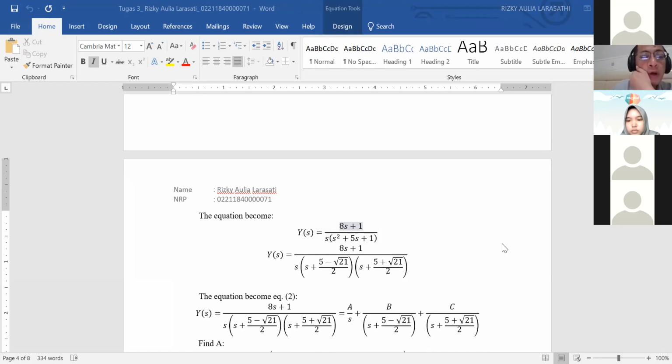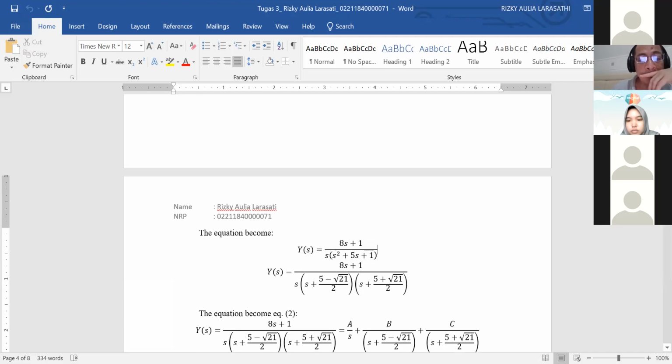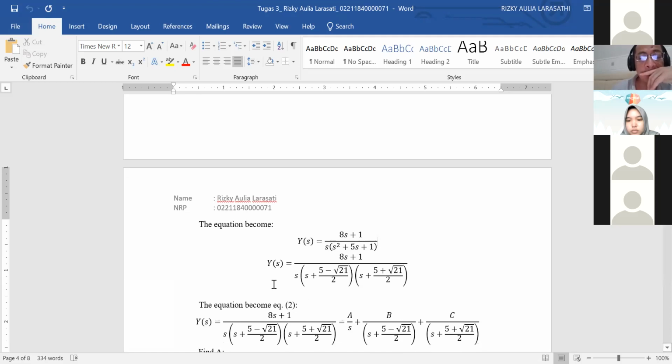You can use s squared plus 2.5s, plus 2.5 squared minus 0.25 squared, in order to make this equal to 1. You can do that, right? So you don't have to factorize this. And then when you do it like that, you can find it from the table.